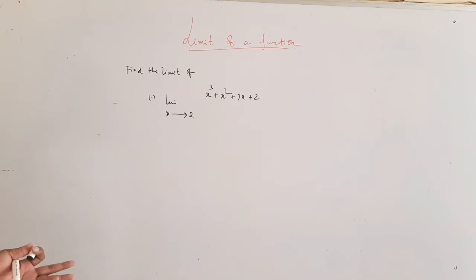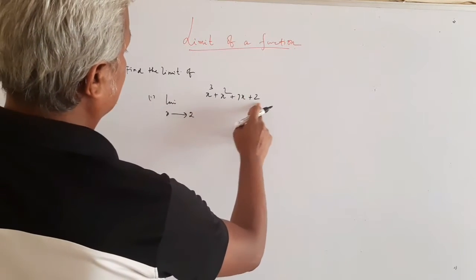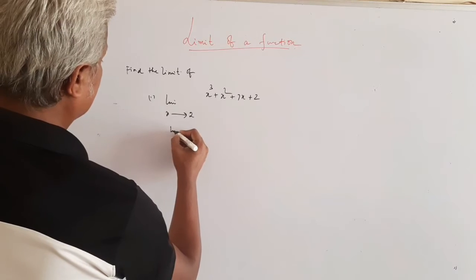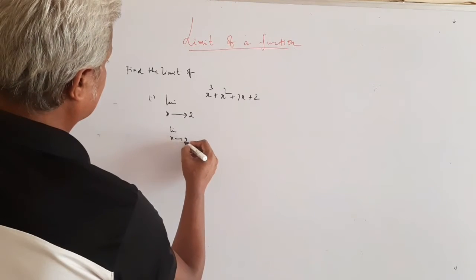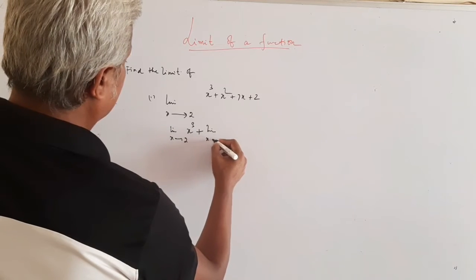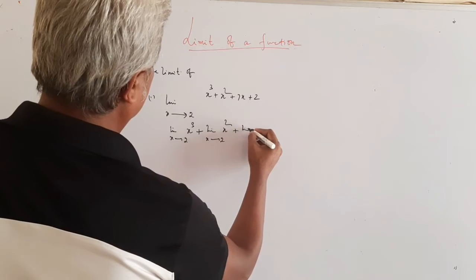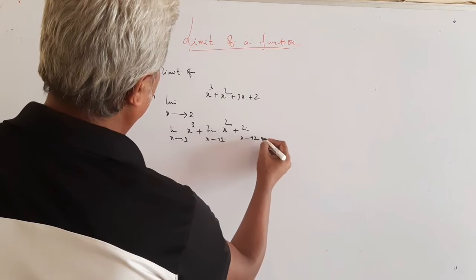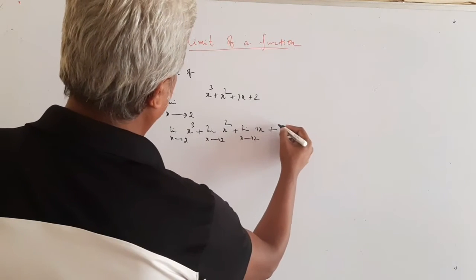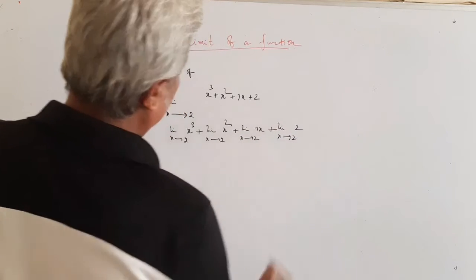Then you don't have to do anything, just put the value. Since there are 4 terms, you can assume that you are writing limit x tends to 2 x cube plus limit x tends to 2 x square plus limit x tends to 2 7x plus limit x tends to 2 of 2.